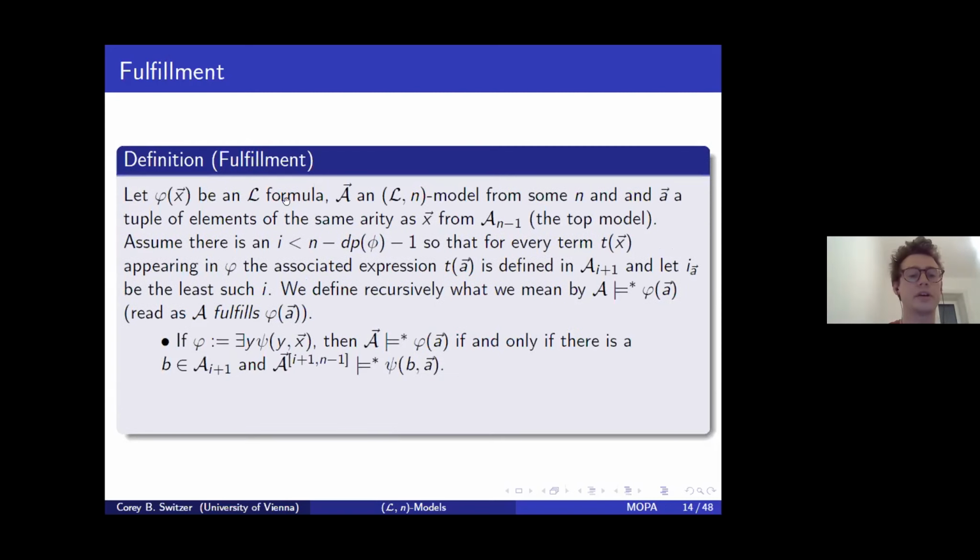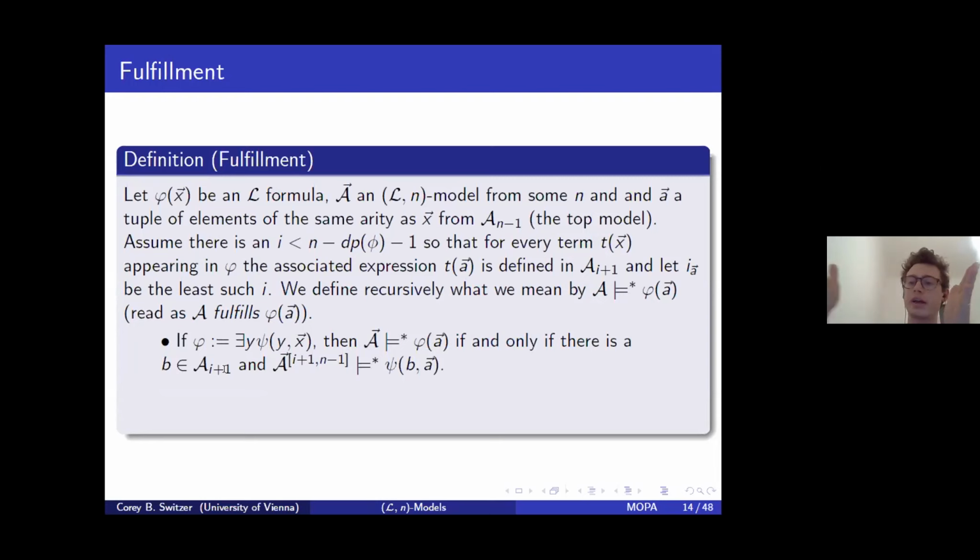This part here is exactly the same as in the previous definition. I just left it up so you could read it. If phi is a formula of the form there exists a y such that C of y comma x vector, then A fulfills phi of A vector just in case I can find a B, and here it says AI plus 1, but what I mean is that the B has to not just come from one of these models, it has to come from the next model after the one where I got all my parameters and defined everything.